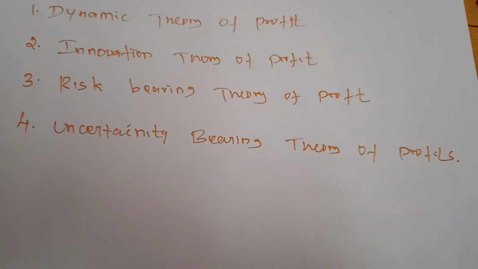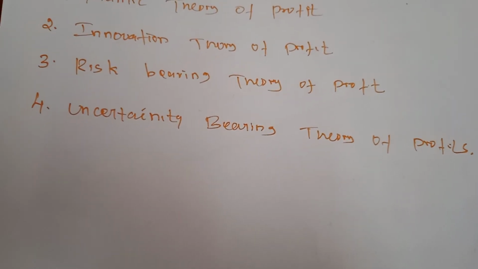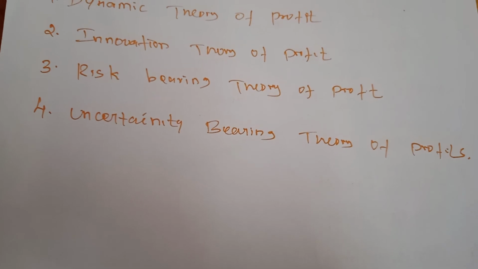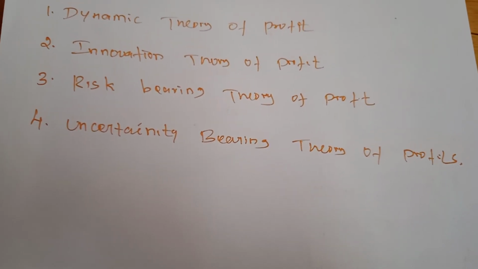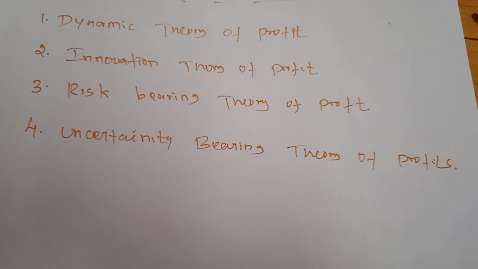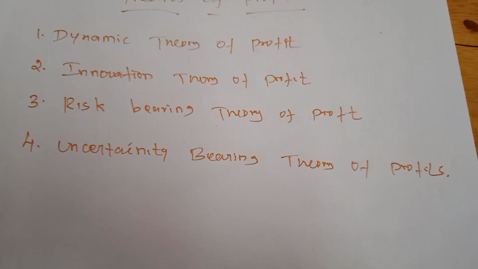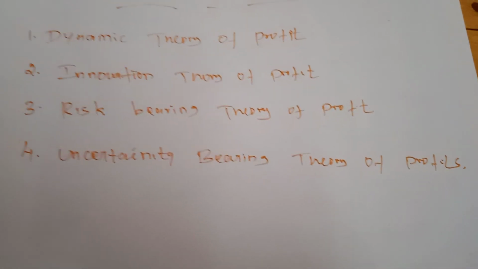Next, the uncertainty theory of profit. The uncertainty theory was propounded by the American economist K. Knight. According to him, profit is the reward for uncertainty bearing. This distinguishes between insurable risk and non-insurable risk.